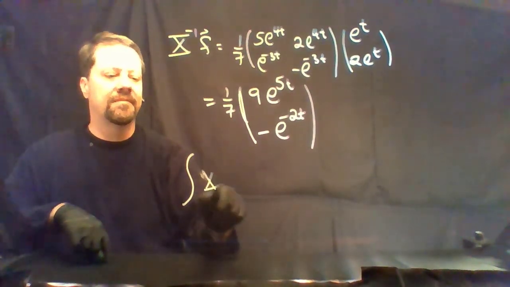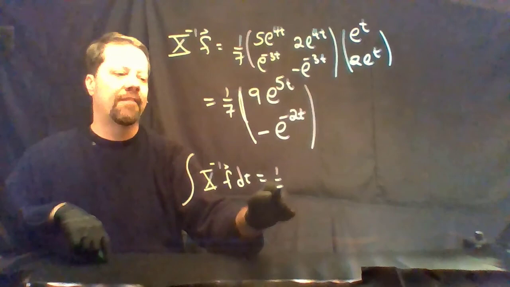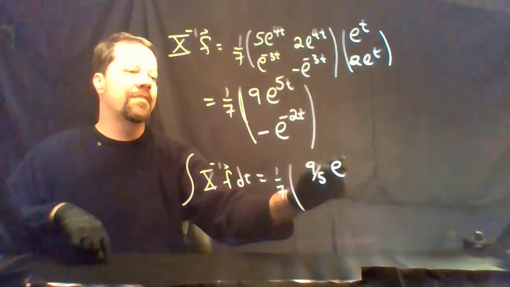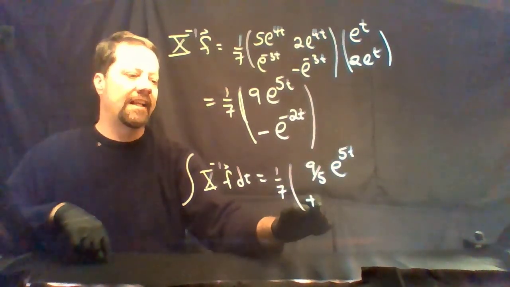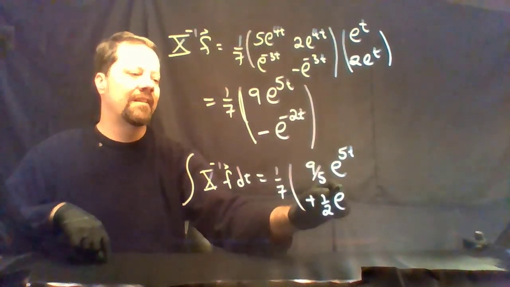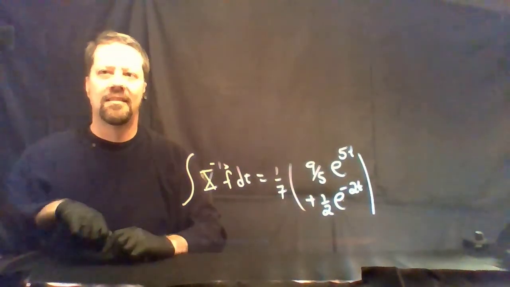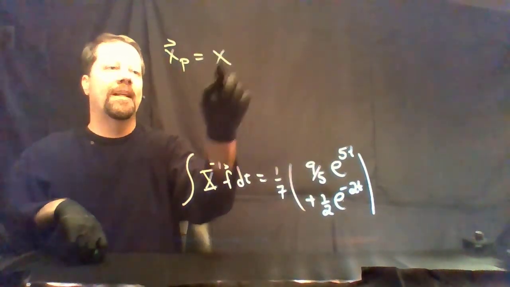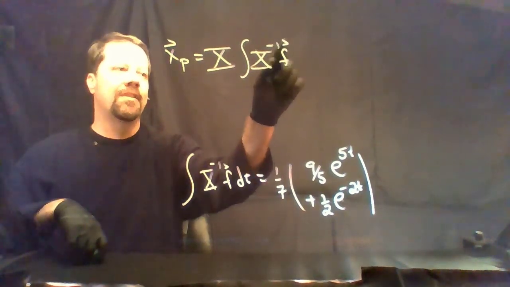Integrating, we'll have 1/7 times 9/5 e to the 5t, and negative negative is positive 1/2 e to the negative 2t. We then construct our particular solution by calculating x times the integral of x inverse f.